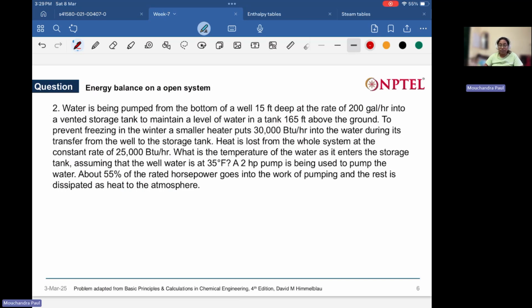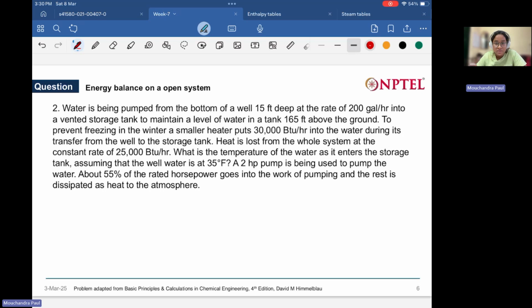And to prevent freezing in the winter, a small heater puts 30,000 BTU per hour into the water during this transfer from the well to the storage tank. Heat is lost from the whole system at the constant rate of 25,000 BTU per hour.